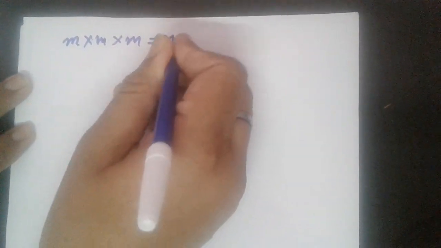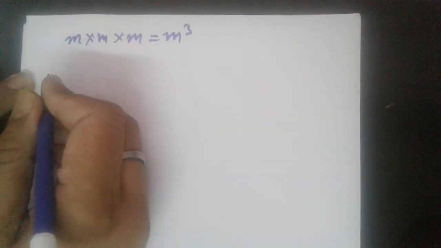Now unit of volume. SI unit of volume is cubic meter, that is meter cube. It is very easy to learn since volume is three-dimensional, so we will multiply meter 3 times. Meter into meter into meter equals to meter cube.